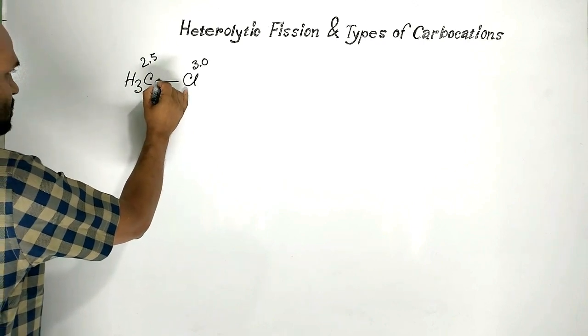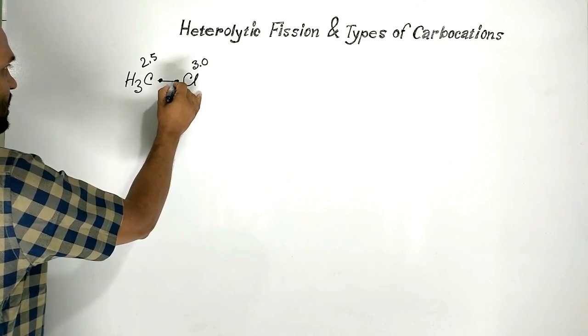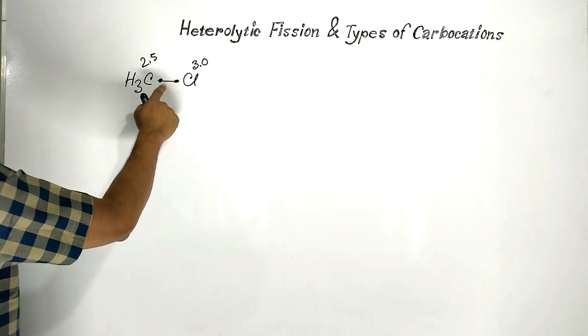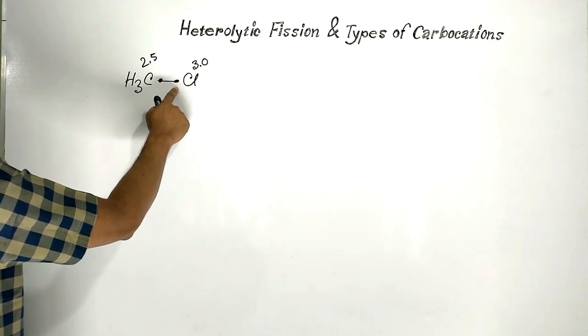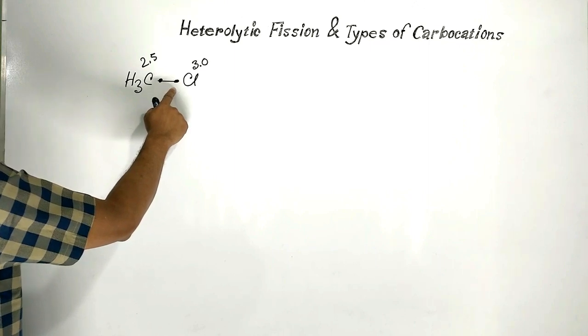We know this bond, covalent bond, has 2 electrons. This covalent bond is formed by 2 electrons, and this carbon-chlorine bond is a kind of polar bond.